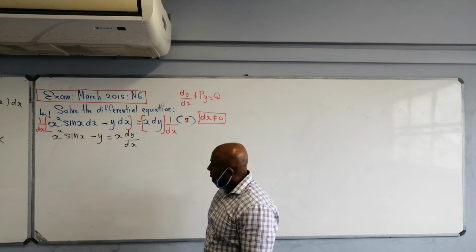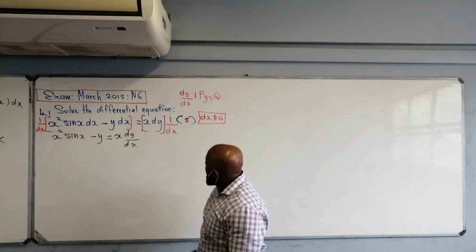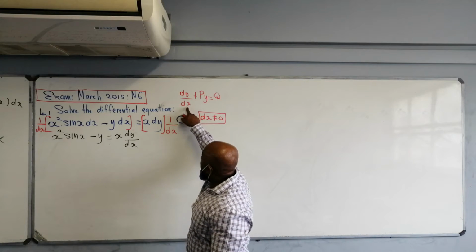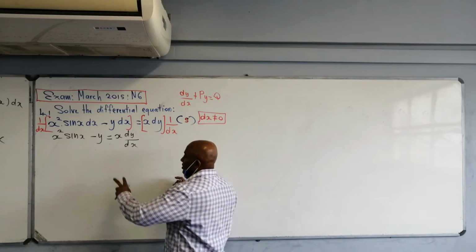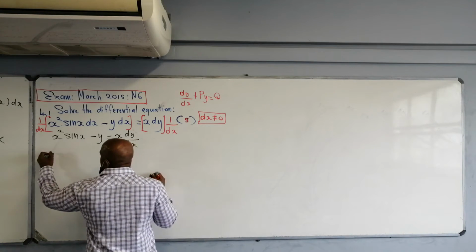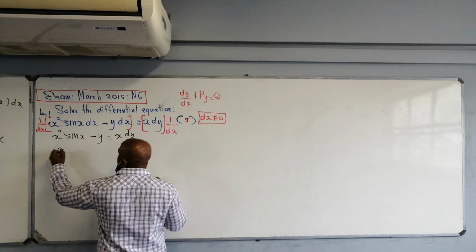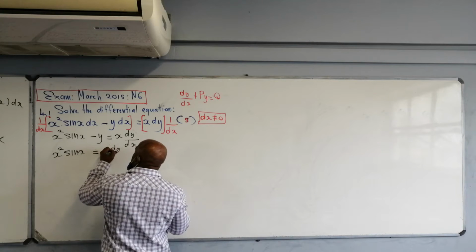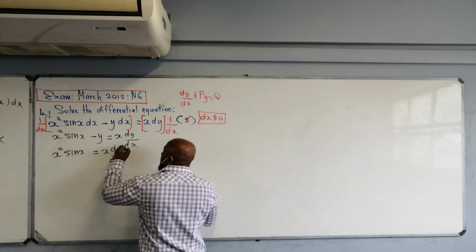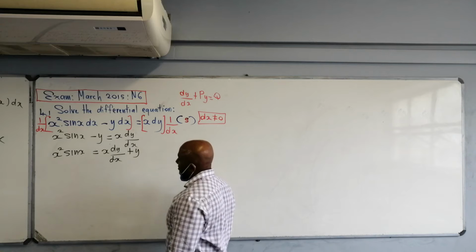Okay, now I have my dy over dx. I need my term with y next to it. Can you see that? So if I take this to the right, that's going to be x squared sine x is equal to x dy over dx plus y.